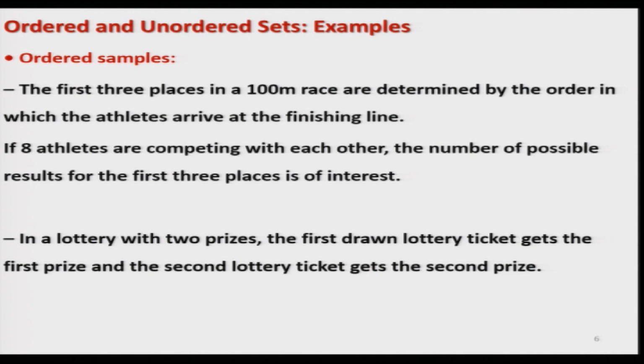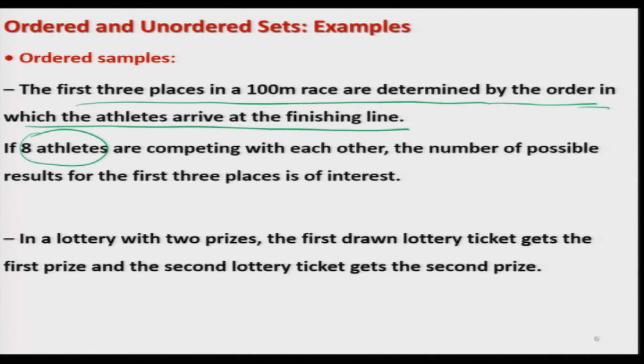So, suppose there are 8 athletes taking part in a competition where they run a 100-meter race, and we want to know which athletes occupy the first 3 places in this race. The first 3 places determine the winners, and the winner is determined by the order in which the athletes arrive at the finishing line.